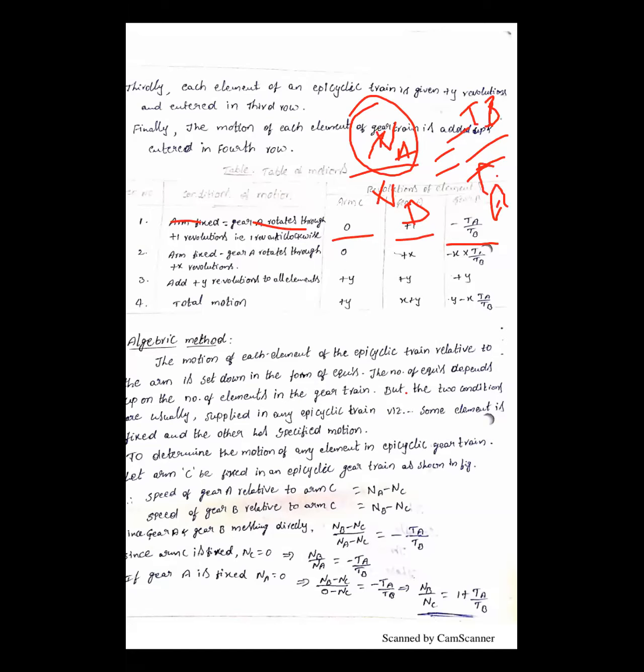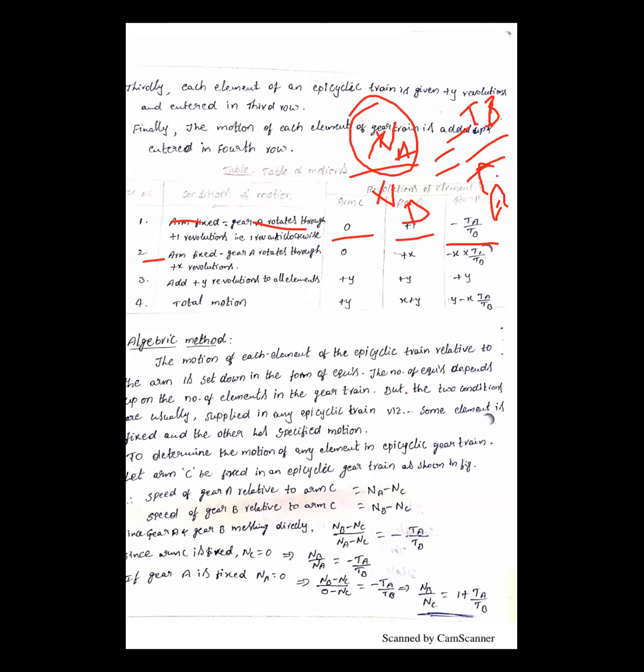But coming to the second condition, when the gear wheel is rotating, it will make some X revolutions, not only one revolution. So that's why they are also giving the X revolutions. When X revolutions happen, we should find the revolutions of all the elements.